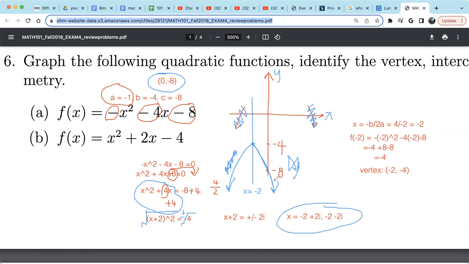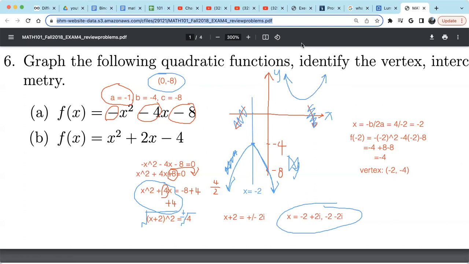Because it's a complex solution, it goes away from the x-axis. This one is a downward parabola, but we may also have an upward parabola like this, also going away from the x-axis. That's when we have complex solutions for the x-intercepts, or for the equation when the function equals 0.